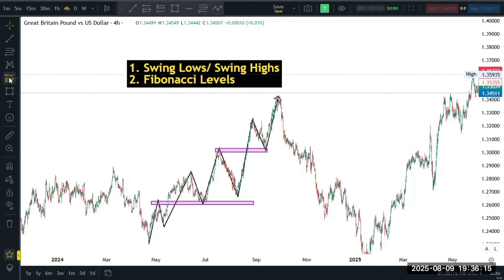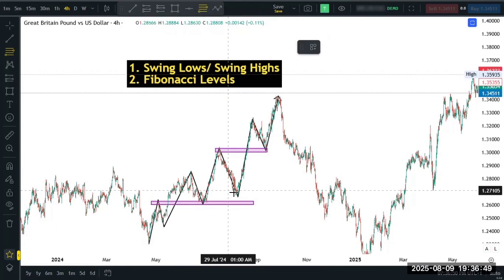Fibonacci, we are going to draw our Fibonacci. So we have swing high, swing low, swing high, swing lows. We can also use them for our Fibonacci, because how would you know that this low is supposed to have been created around this particular level if this is where it is starting? How would you know that this low is supposed to have been created around this level?